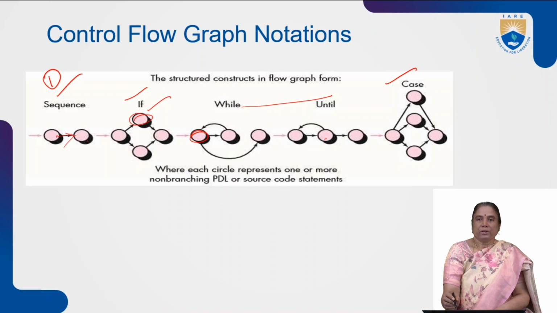And the branching structure or the case structure is represented based on a variable checking, where multiple or n number of paths are elevated. So these are the four flow graph notations used in the control flow graph.